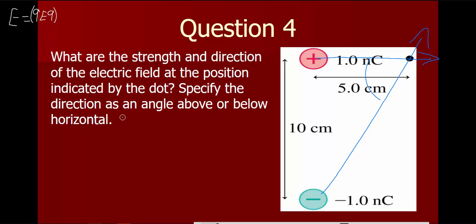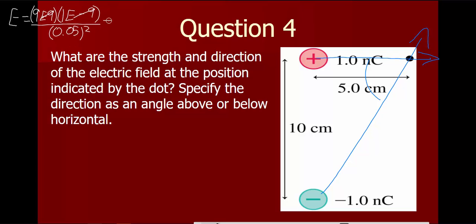Times the charge, so in this case the charge is 1 nanocoulomb, so it'd be 1 e to the negative 9th. Well, that's convenient, isn't it? Over the distance between them, so in this case the distance is 5 centimeters, so that would be 0.05 meters, right? Squared. Okay, so on top you have 1 divided by 0.05 squared.